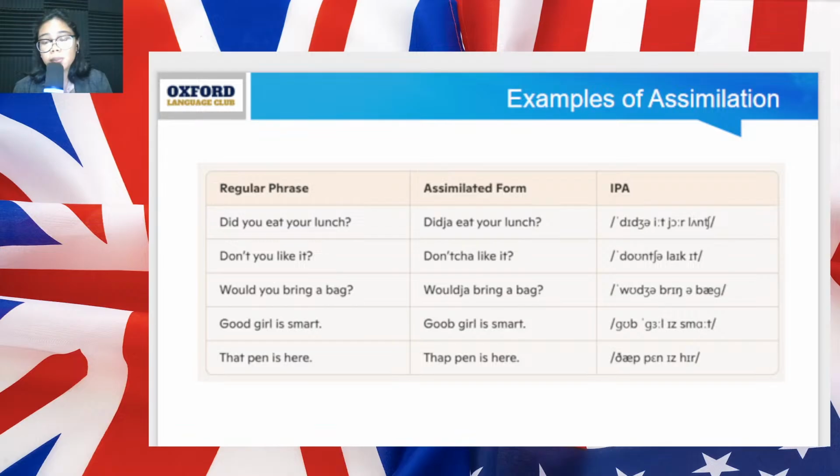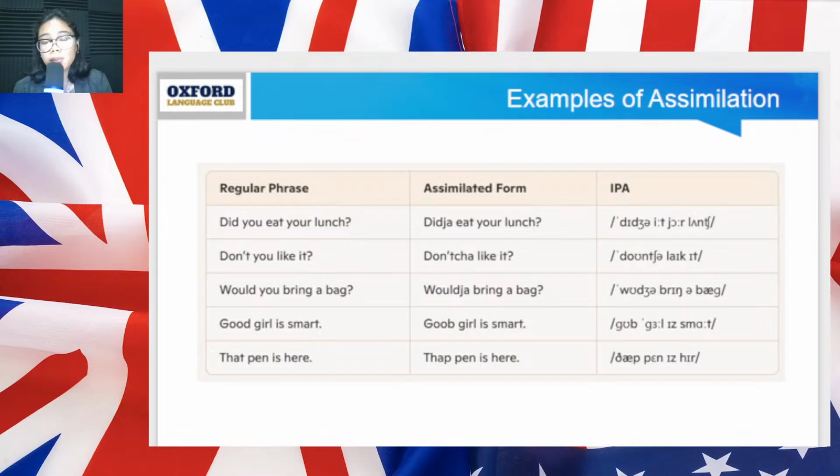So far, we've talked about assimilation, right? The first thing that we did is provide its definition, for us to at least have the understanding of what assimilation is.